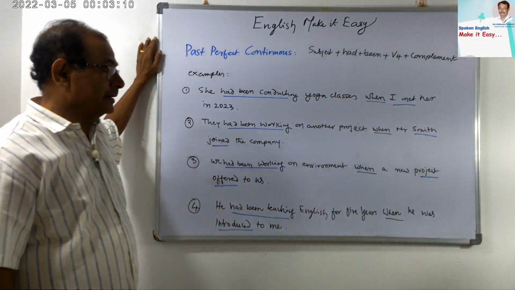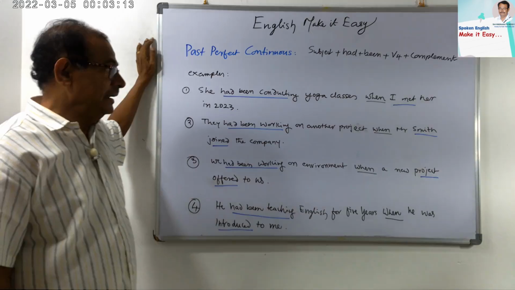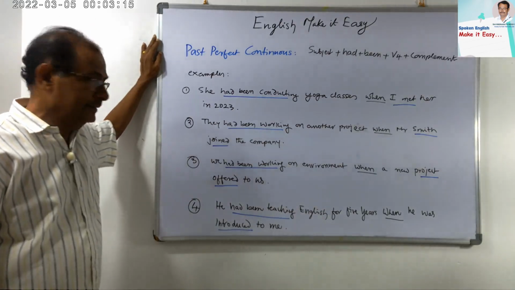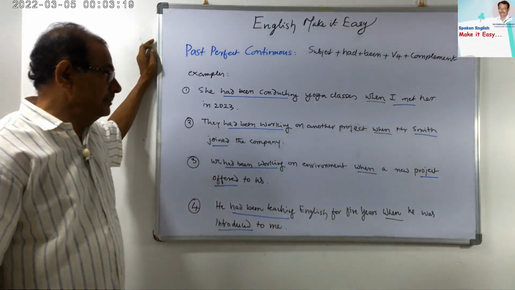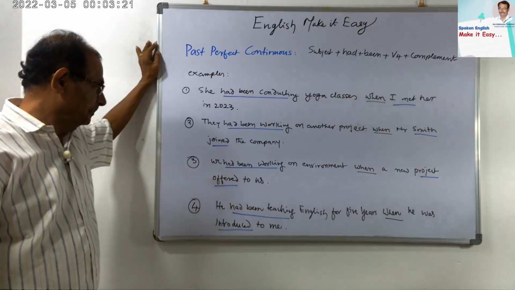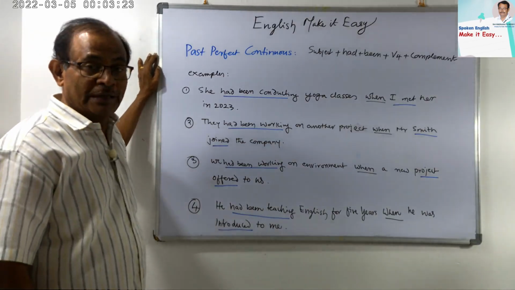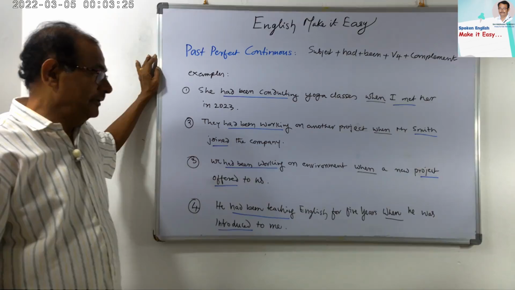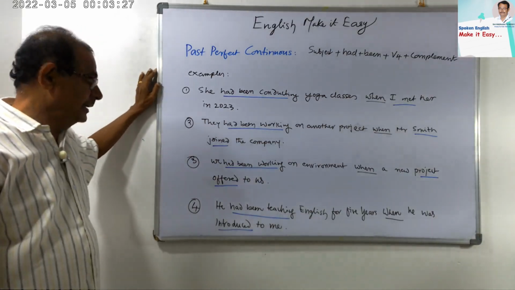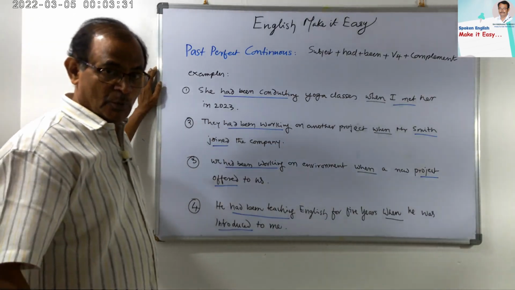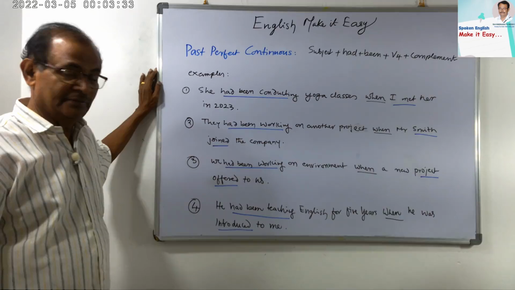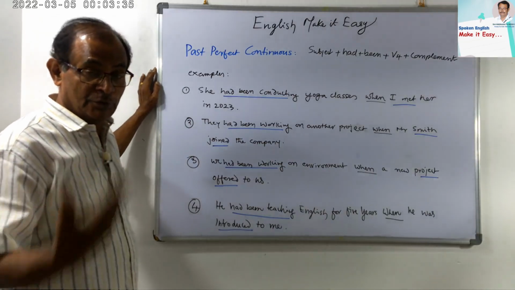She had been conducting yoga classes when I met her in 2023. They had been working on another project when Mr. Smith joined the company. We had been working on environmental studies when a new project was offered to us. He had been teaching English, spoken English, for 5 years when he was introduced to me.